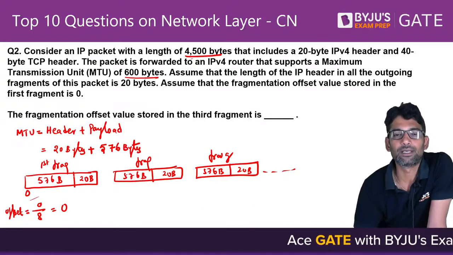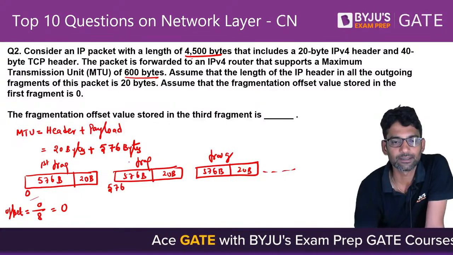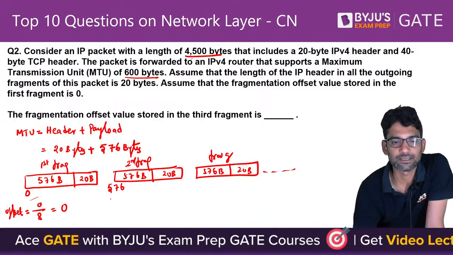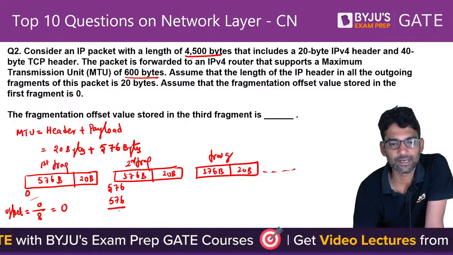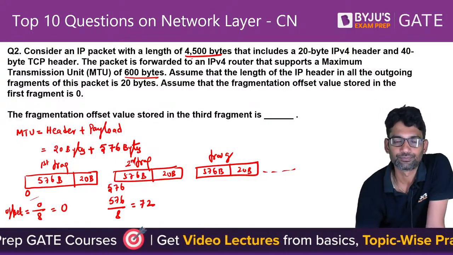And what would be the starting sequence number of second fragment? 576. So, 576 divided by 8, 72.